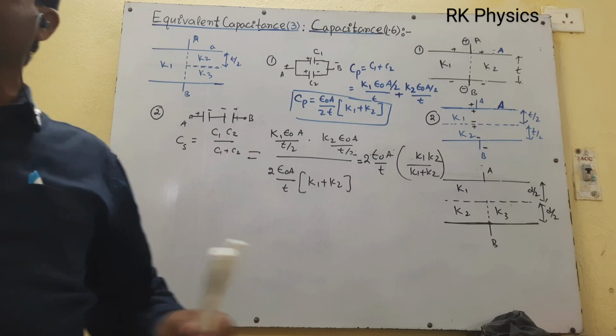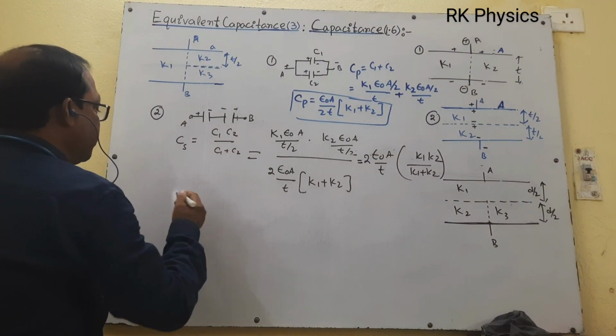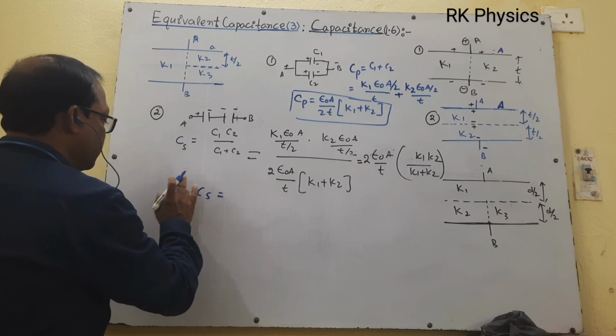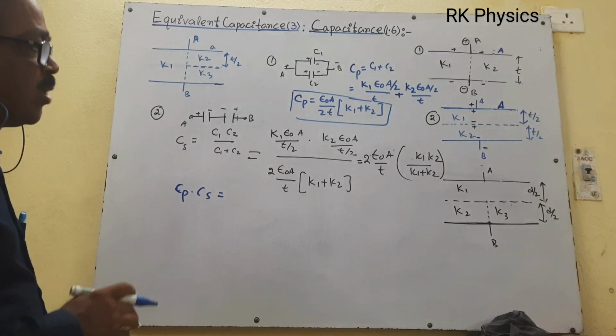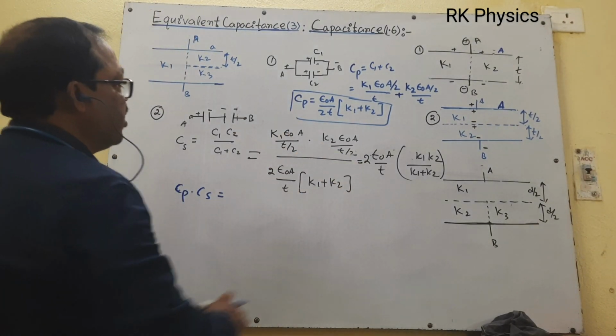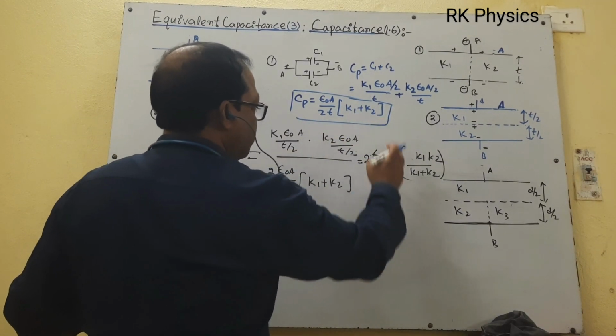Now from that you can find out what Cp into Cs is. What is the value of Cp into Cs? If the same two dielectrics are divided like this, a problem comes. Cp is given, Cs is given. You take the product of these two.